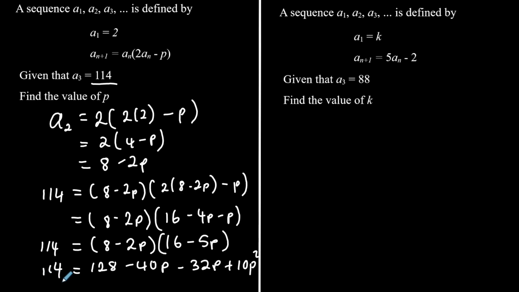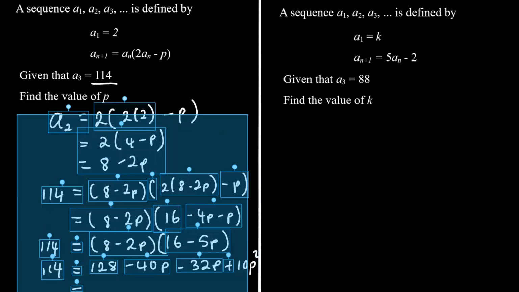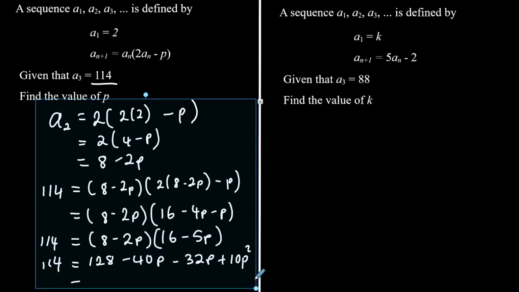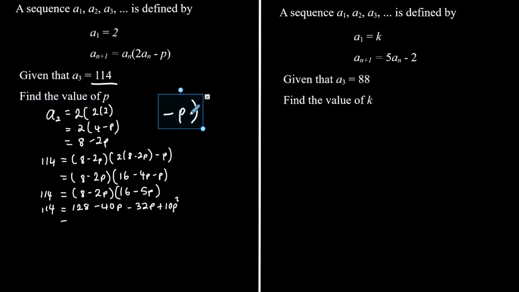Let's make it equal to 0, because it's a quadratic. So we have 10p squared minus 72p plus 14.